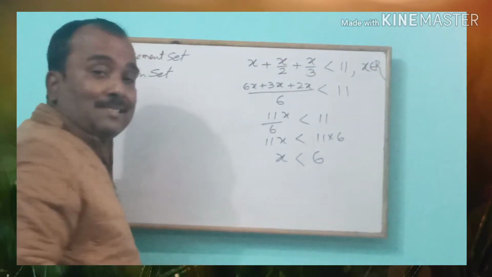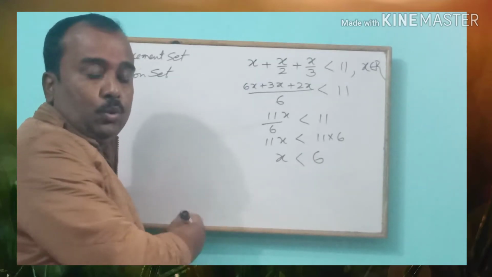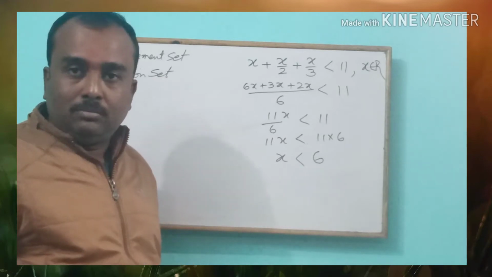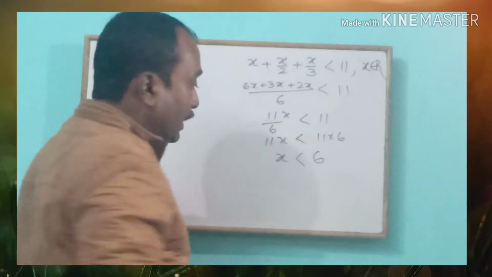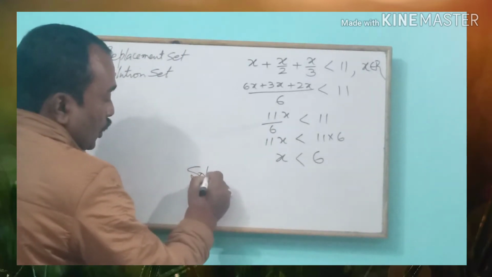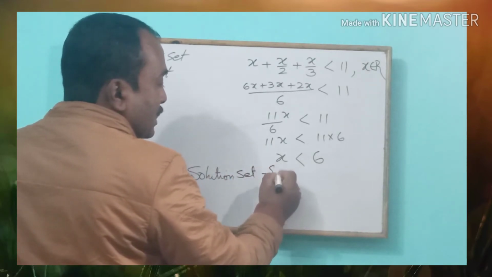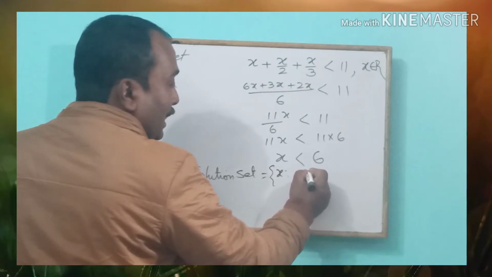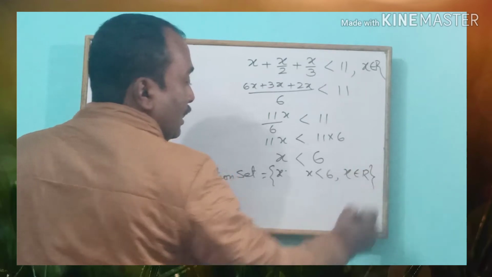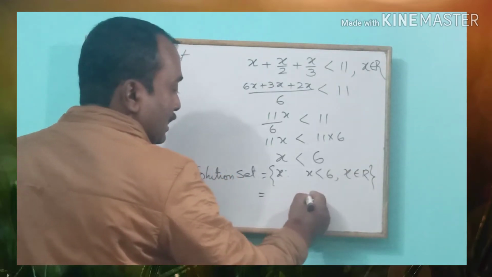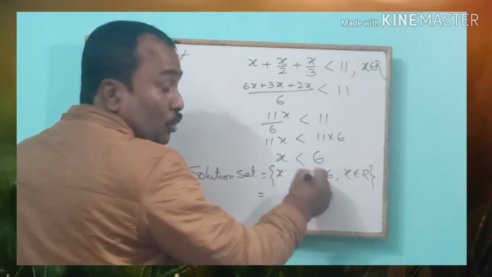So what are the numbers less than 6? It can be 5.9, 5.8, 5.7, 5, 4, 3, 2, 1, 0 and many more, because R is an infinite set. R is the set of real numbers. So what is the solution set? The solution set is all those values of x such that x is less than 6, x belongs to R. Or else we can write this as, this is known as strictly less than, because no equal to sign is there.